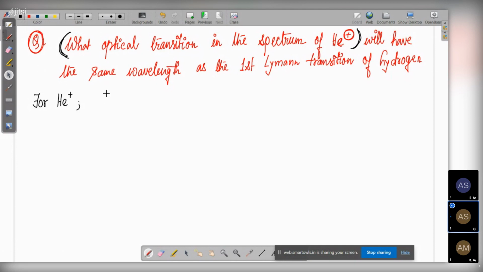Z first: the atomic number for helium is 2, so Z is equal to 2. Now it says optical transition. Optical transition means N1 is equal to 2. And they are asking what? That means I do not know the value of N2, and that is what I need to find out.